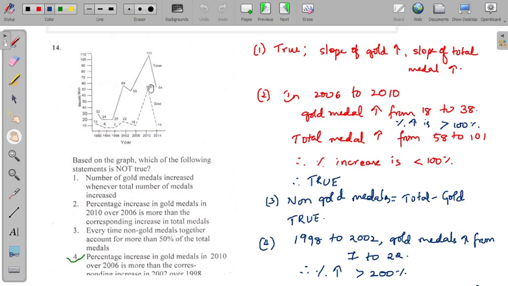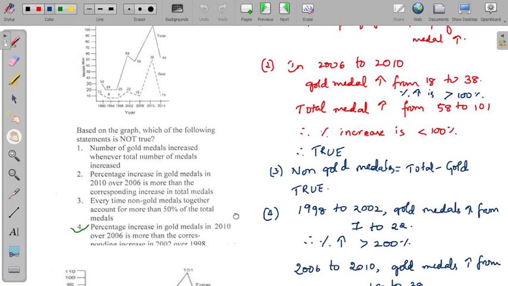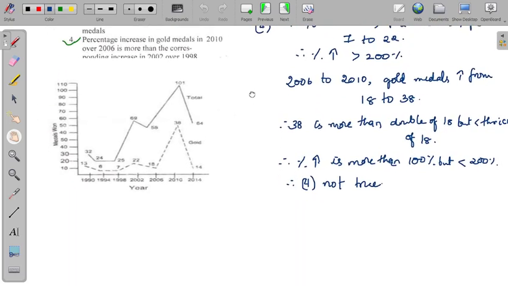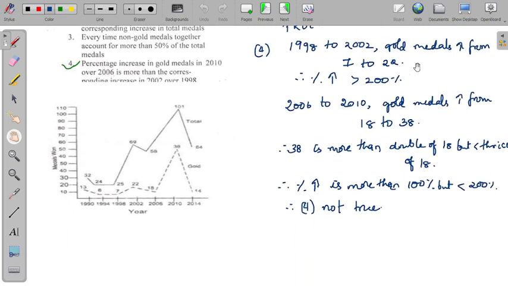Here also, you find 101 minus 38; the non-gold medals will be more than 50% of the total medals. That is also true.